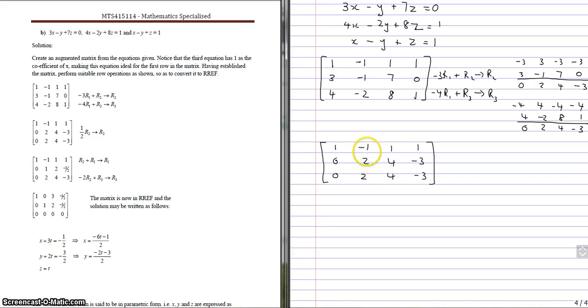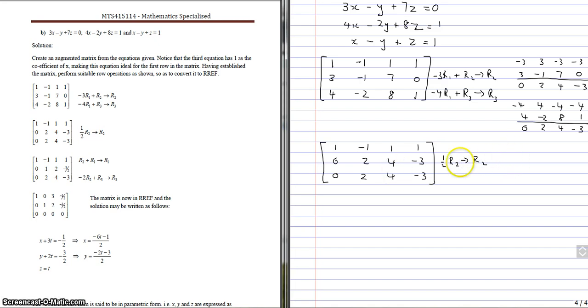Now, when we have a look, the next thing we want to do is change our leading entry for row 2 to a 1. So the 2 here needs to be multiplied by 1 over 2, its multiplicative inverse. So we go 1 over 2 times each element in row 2 to give us a new row 2.